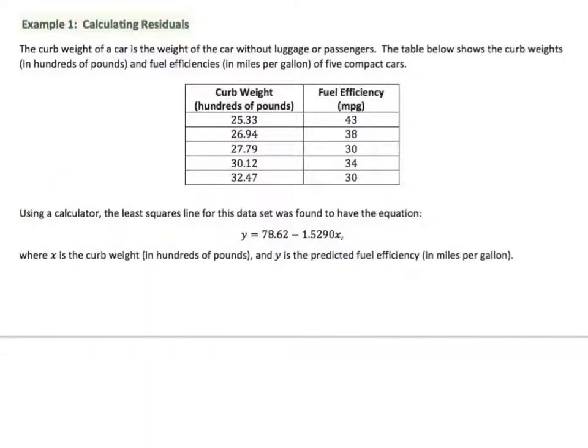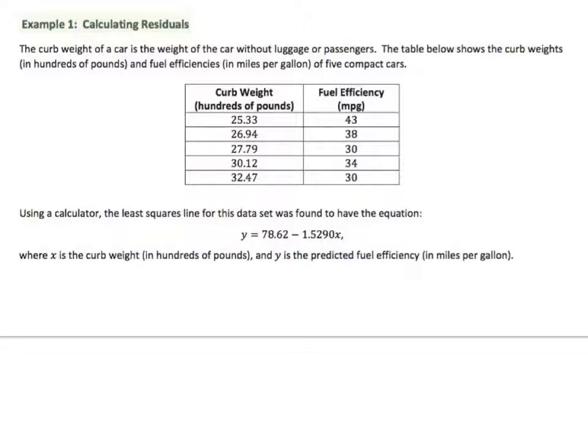The curb weight of a car is the weight of the car without luggage or passengers. The table shows the curb weights in hundreds of pounds and fuel efficiencies in miles per gallon of 5 compact cars.